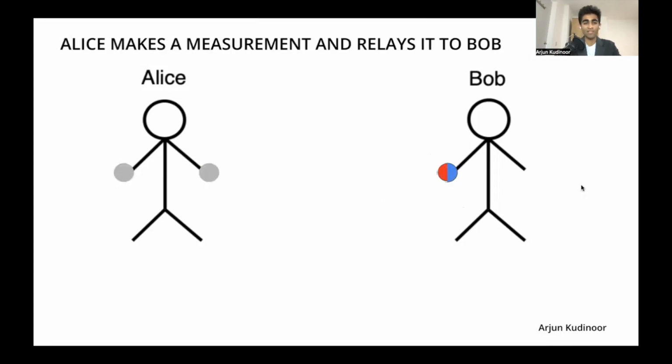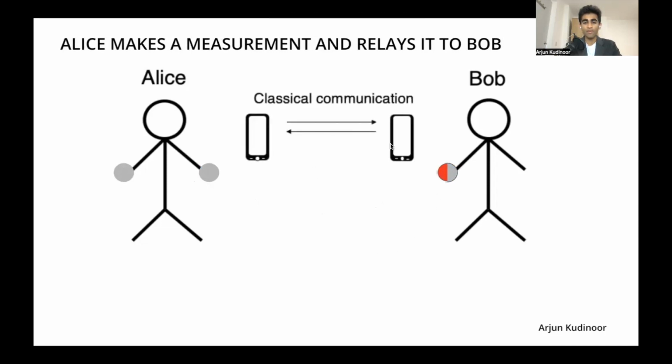Well, Alice has to take a measurement. She needs to measure whether her 2 qubits were in the 0 or the 1 state each. She makes this measurement and tells Bob about it. She relays that information to Bob, and she has to use a classical communication channel to do this.